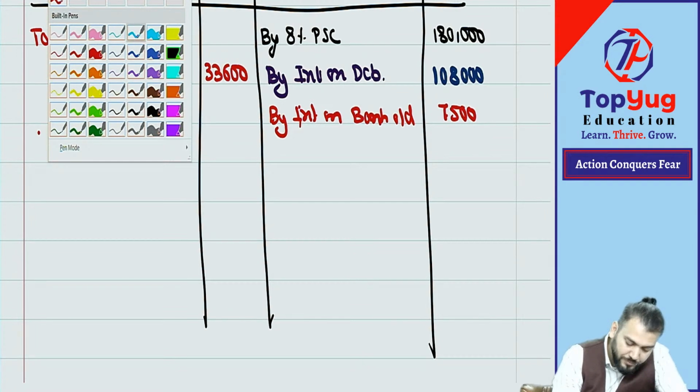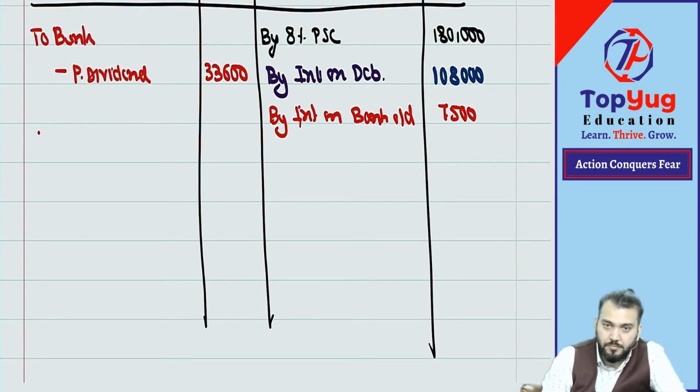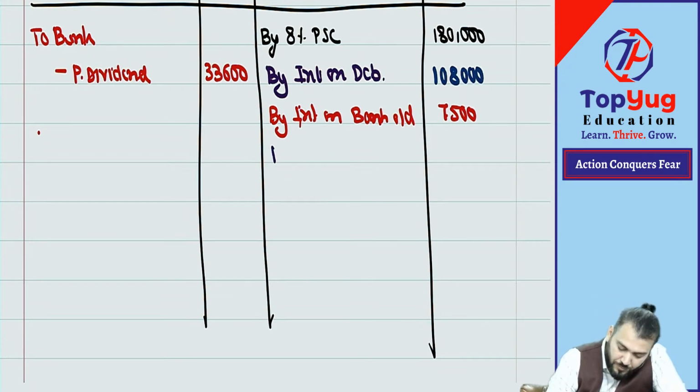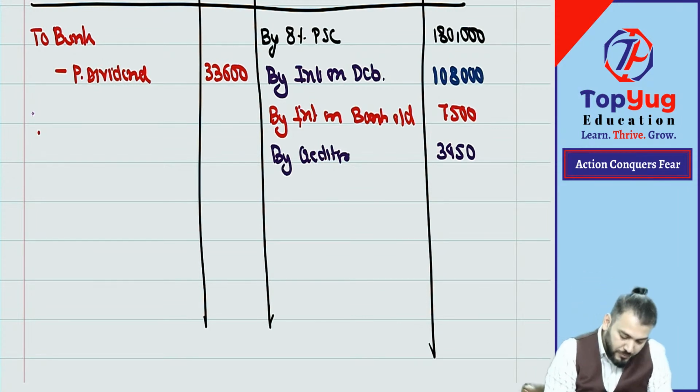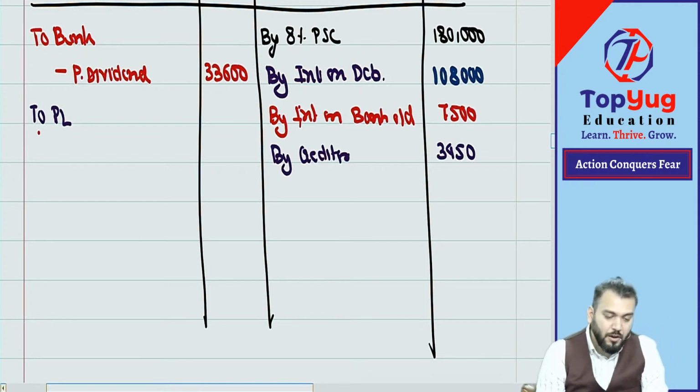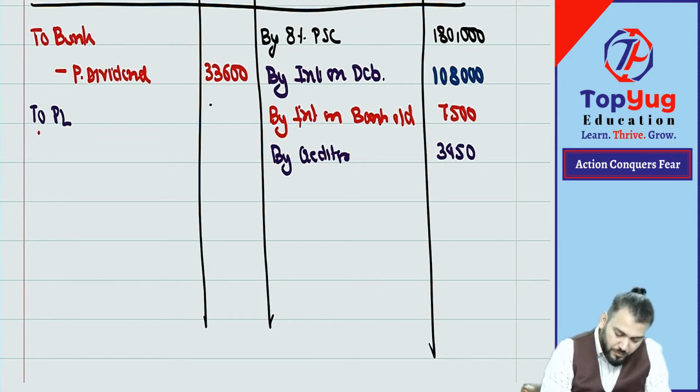By creditor 3,450. To PL. How much? 4,08,000.